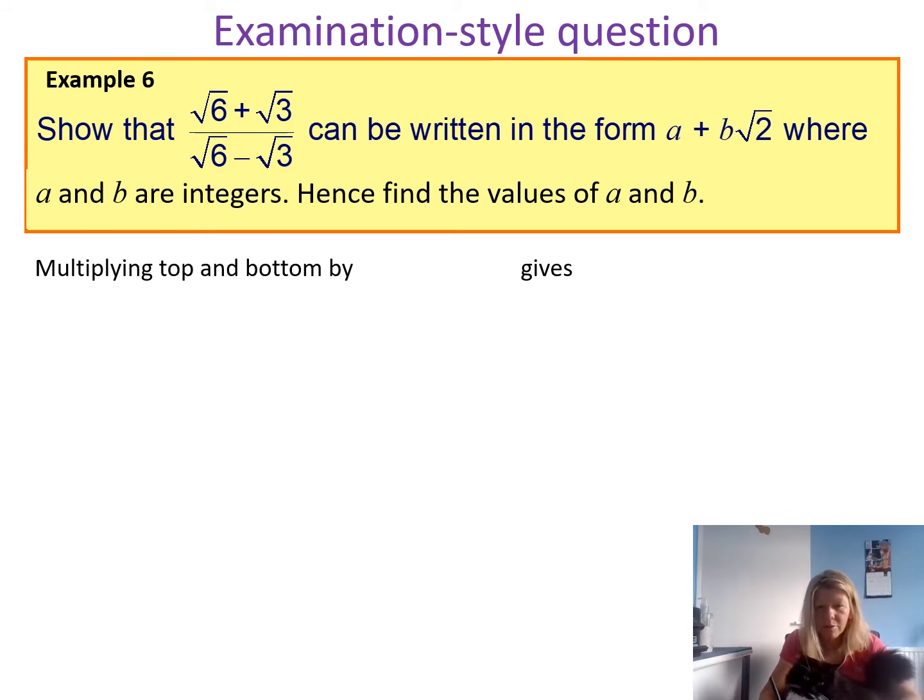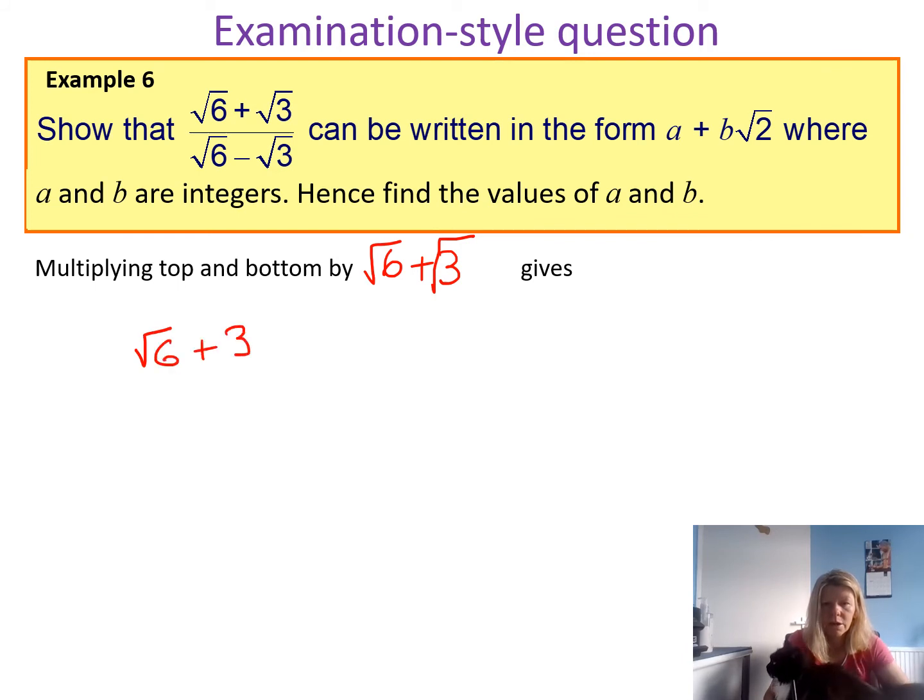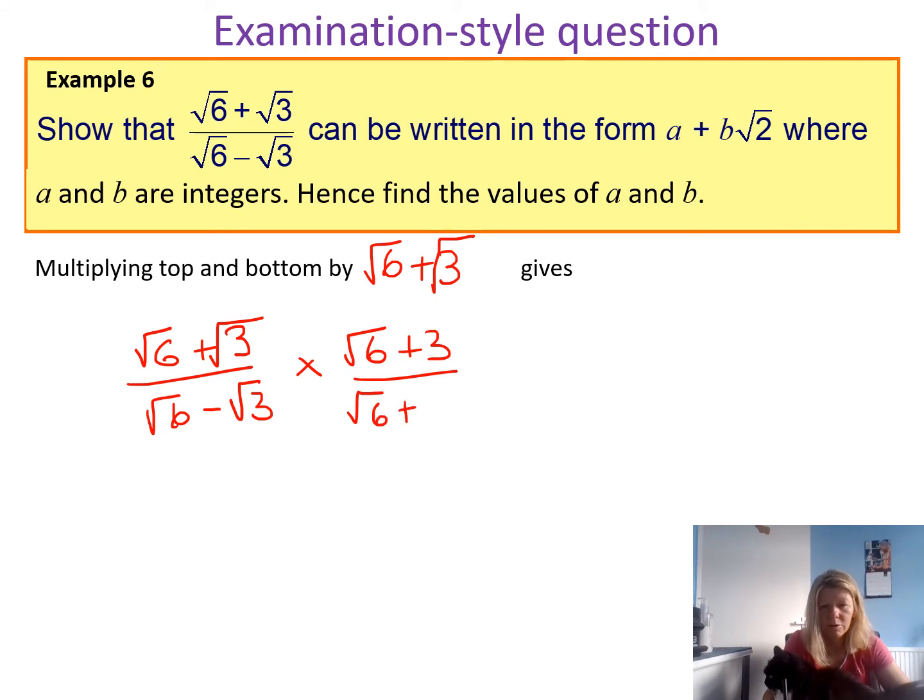Times the top and bottom by root 6 plus root 3, I hope you put. This gives us root 6 plus 3 on the top over root 6 take root 3, times top and bottom by root 6 plus root 3 over root 6 plus root 3.